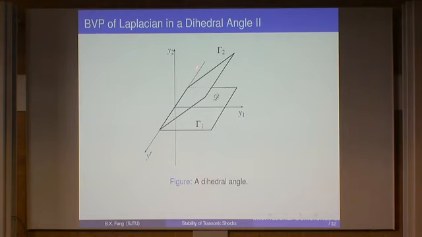But if n equals 2, it's just a point. So this is the difference between the two-dimensional and multi-dimensional cases. Of course we have a singularity at the edge and also at infinity.